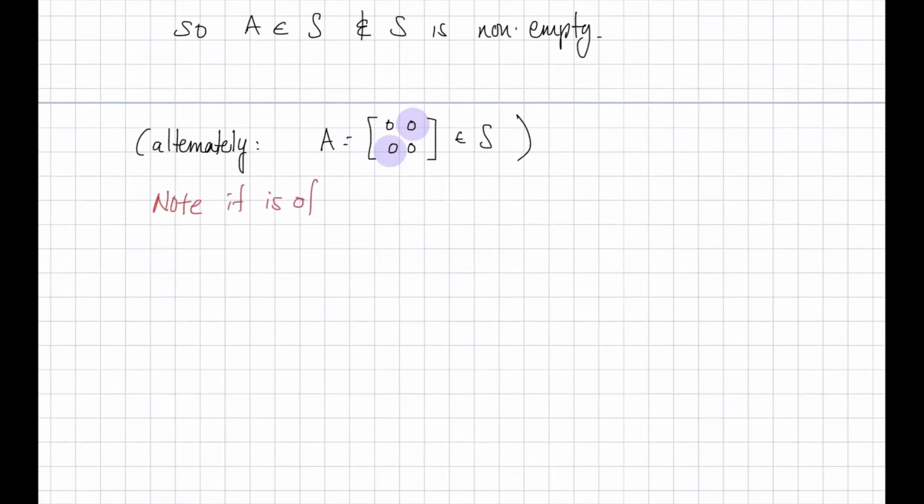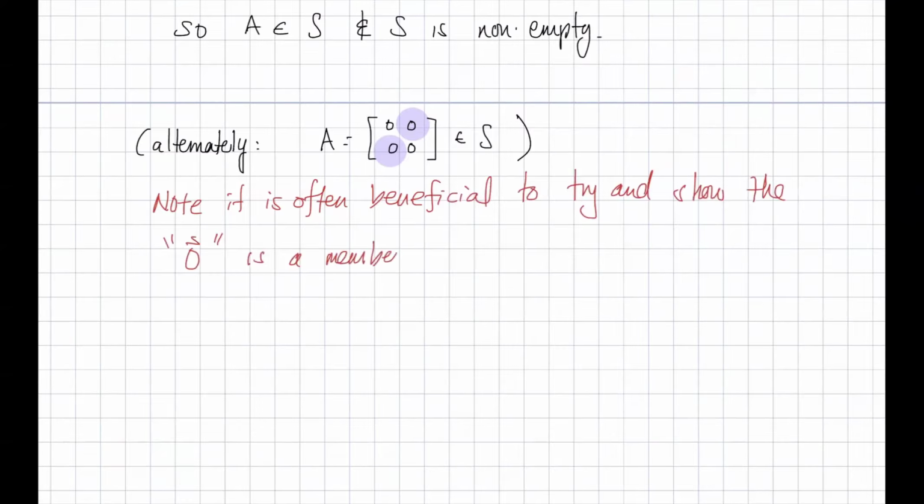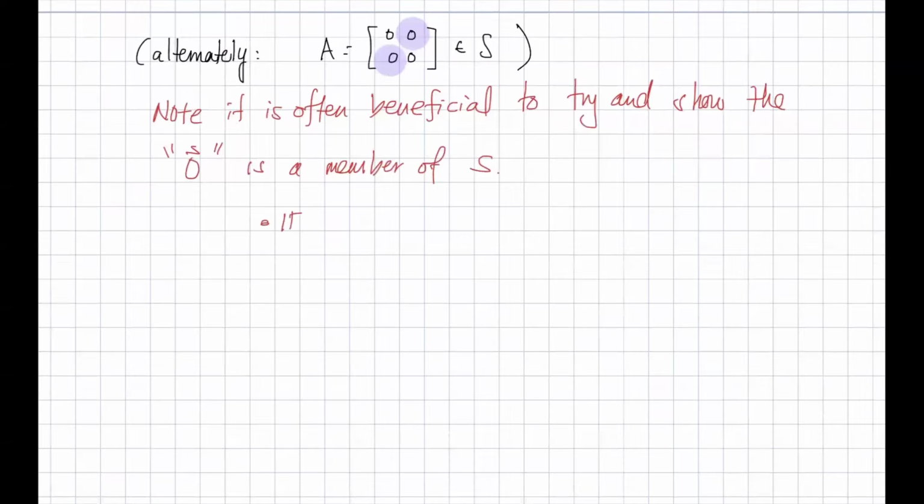Note, it is often beneficial to try and show the quote-unquote zero vector, whatever that format is. Here it's a 2 by 2 matrix, is a member of S, because if it is, then S is non-empty.